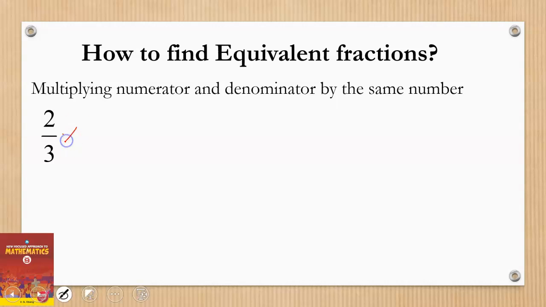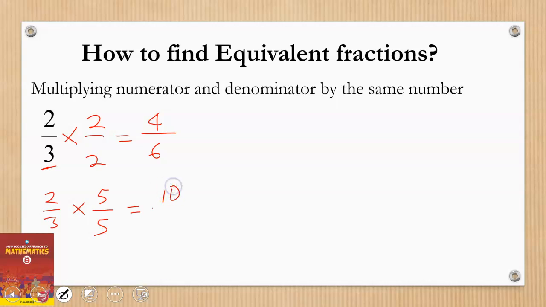So if I choose to multiply here by 2, here by 2, I have the fraction 4/6. So 4/6 is equivalent to this. The same 2/3, I can multiply by, let's say, 5, and that will give me 10 divided by 15. And that is also equivalent to this.